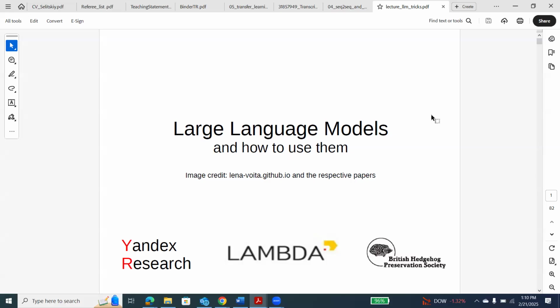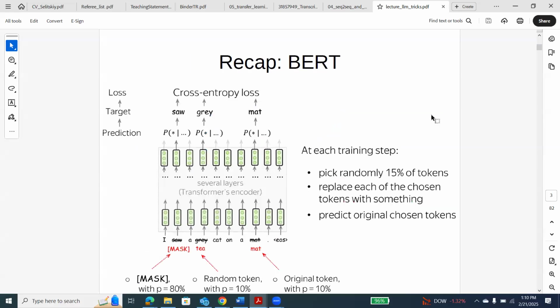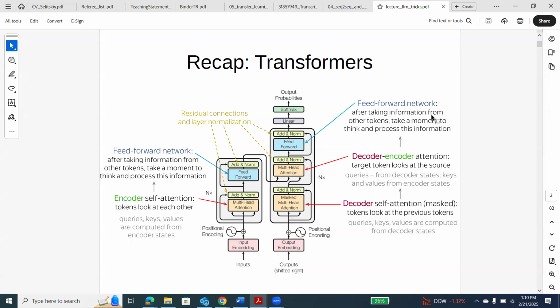Okay, so as you remember, the transformer consists of 3 parts: self-attention in the encoder, self-attention in the decoder, and attention between encoder and decoder. And also positional embeddings.